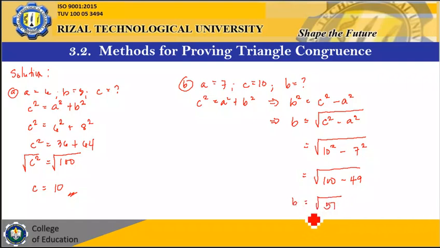If it were simplifiable, we could still simplify it, but since the radicand is no longer simplifiable, then so be it. You can also convert that to decimal, and the value of it is approximately 7.14. Okay, and that is how the Pythagorean theorem is applied.